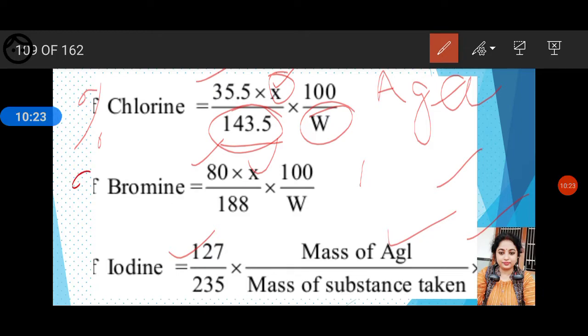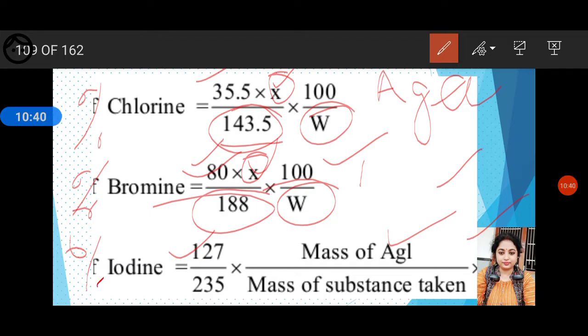For percentage of bromine, 80 is the atomic mass of bromine. Silver bromide is your X, the mass of silver bromide, into 100 upon the mass of the organic compound. For percentage of iodine, 127 is the atomic mass of iodine.